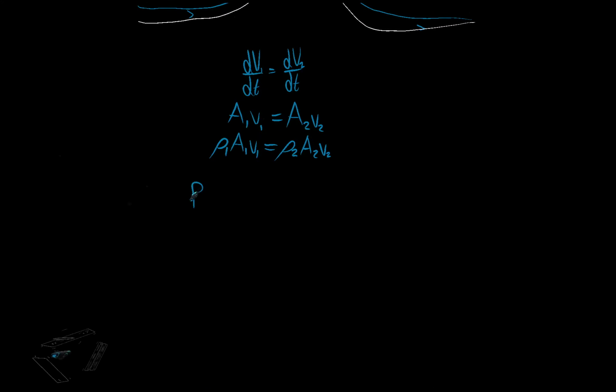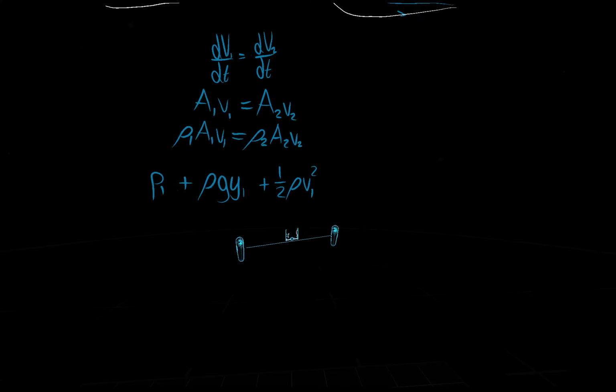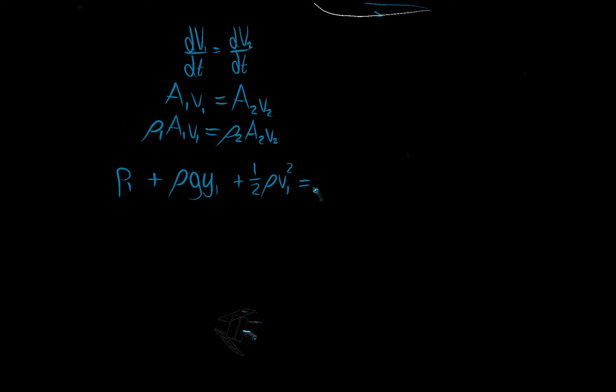So we have pressure 1, talking about fluids, plus rho g y1, what does that look like, plus 1/2 rho v1 squared, what does that look like, is equal to P2 plus rho g y2 plus 1/2 rho v2 squared.